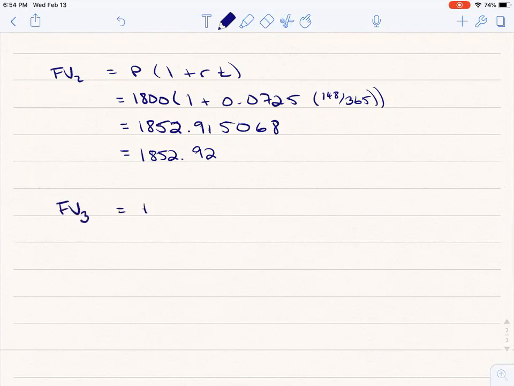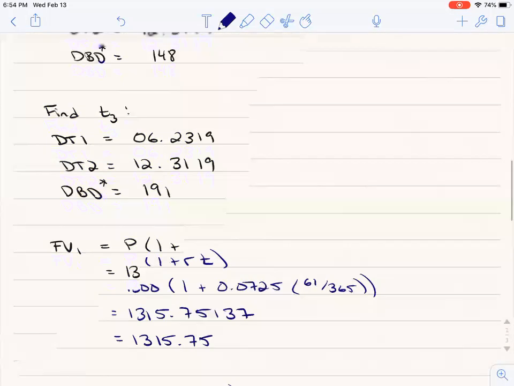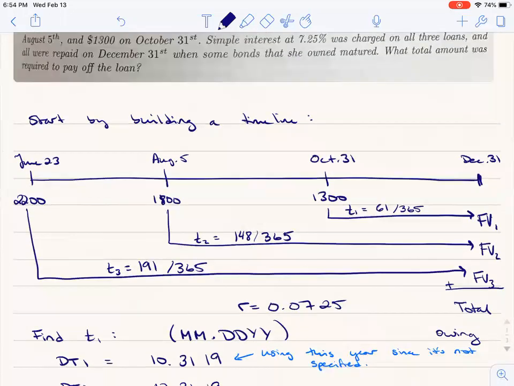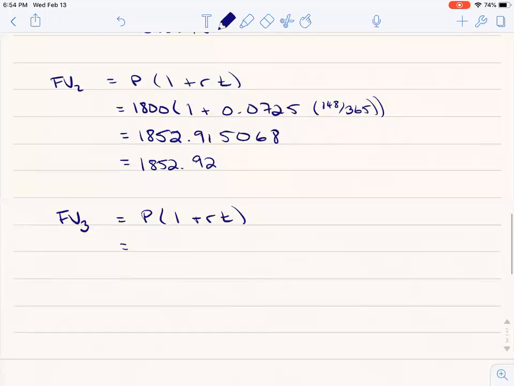Finally, we can find future value 3 the exact same way, P times 1 plus RT. P here is 2,200 and 191 days.